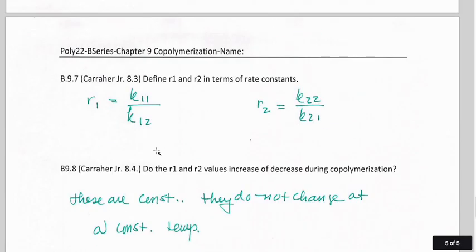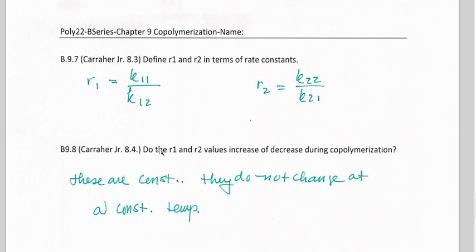In number 7, we're going to define R1 and R2. If you remember, R1 and R2 basically are ratios of little k for reaction 1,1 versus reaction k1,2. So we're going to have these two rate constant ratios, and that really represents R1. R2 would be monomer 2 reacting with 2 over monomer 2 reacting with 1.